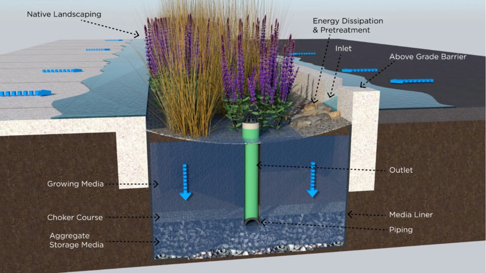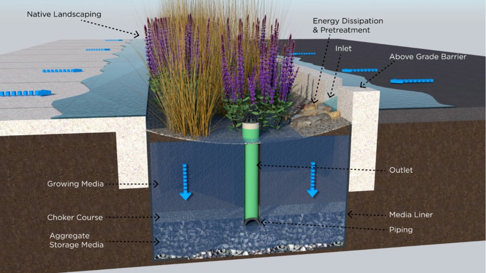So again, this is an example of a rendering showing all the components. You can see there's an inlet up in the upper area that's pulling water off of this parking lot or this street. It's filling the basin. There's the soil growing medium, which we have our plants in, and you'll get very familiar with that.